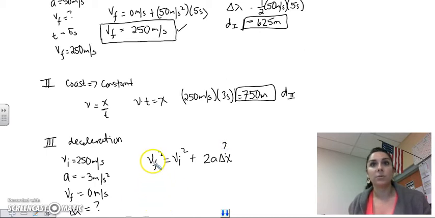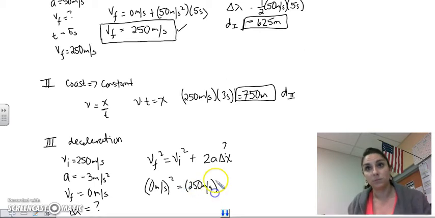Okay, so what I'm going to do is plug in those values. So 0. This whole thing is squared, not just the units, okay? This is going to be 250. Plus 2. It's very important that you put that negative sign.